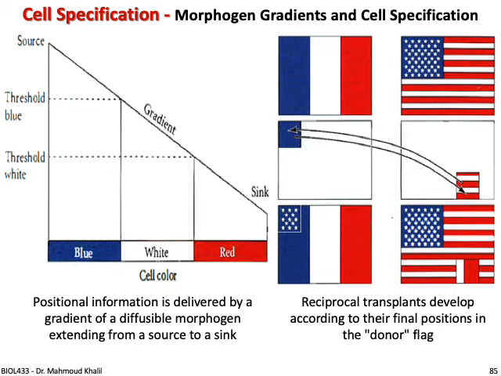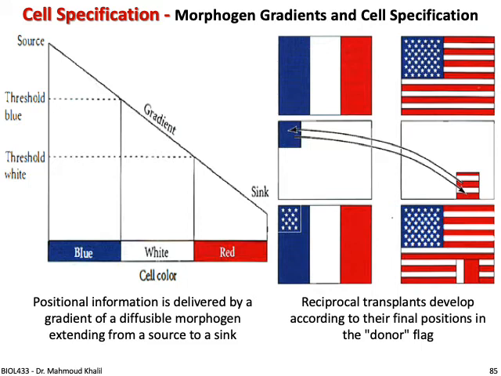In another example, look at the French and US flags. If you switch parts of the flags between the French and American flag, you will find that the region transferred from the American flag to the French flag develops into the same position stars as on the original flag.